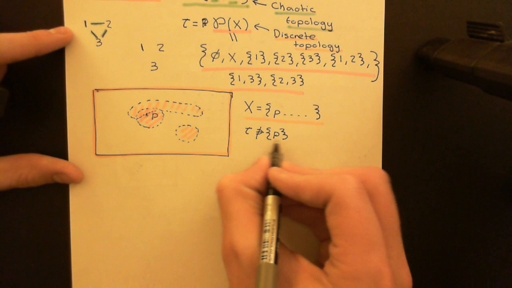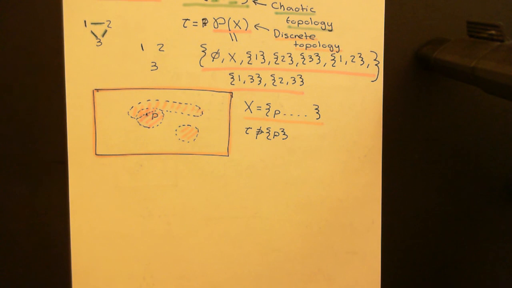That is not going to be one of these open sets. It's not one of these sets that doesn't contain its boundary, because the point is its boundary. So that is not going to be in this set of open sets.